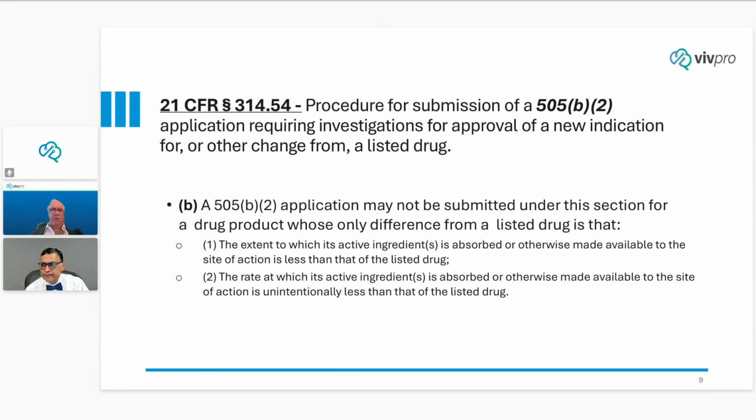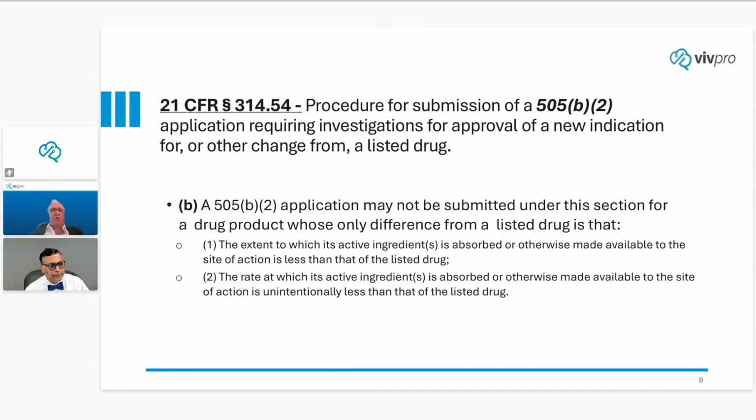It was kind of you to really introduce me. The context for this requirement is that the intent of whoever wrote these regulations did not want products that are not bioequivalent, but that would need to have the same exact label language as the innovator, to go through that route.